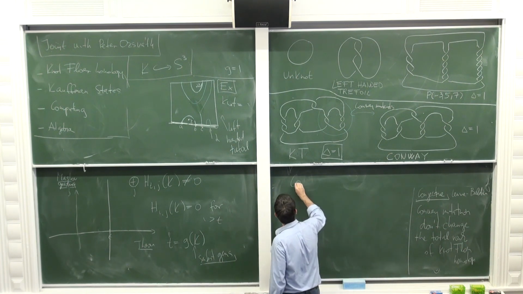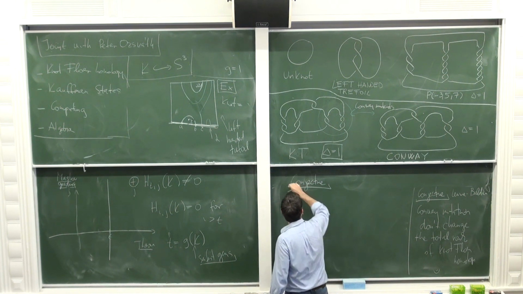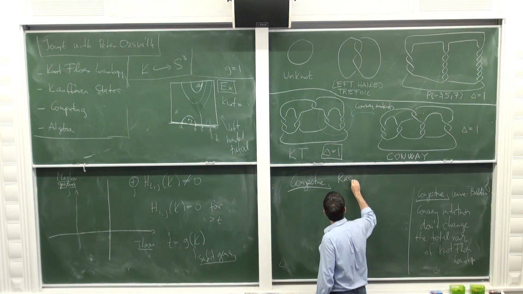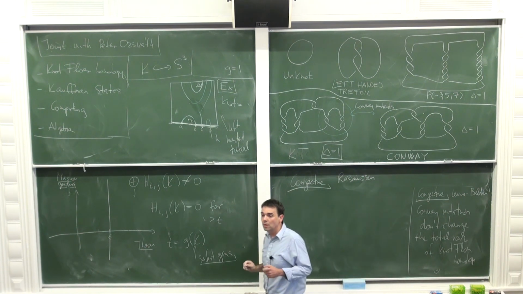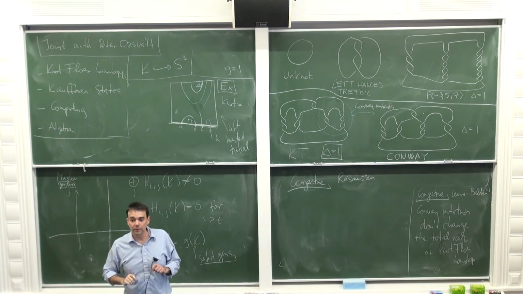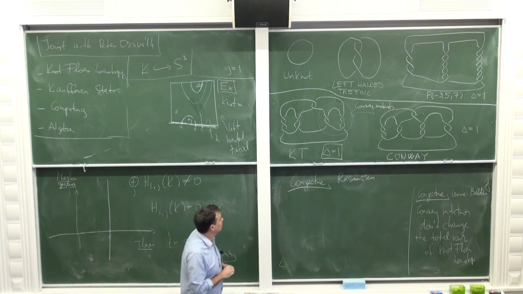And that's a conjecture of J. Rasmussen, which asks about the relationship between two different kinds of homology theories for knots. One is knot Floer homology, and another one is quantum homology.